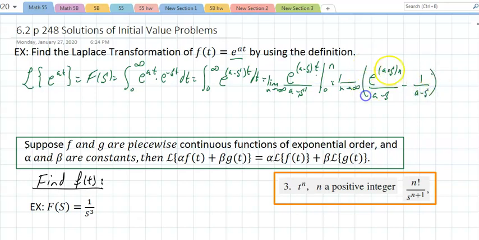Now, as long as this right here, a minus s, is negative, if the power is negative, it's going to push the exponential down. This will shoot to 0, meaning if s is greater than a. And what you're left with is 1 over, if I distribute the negative on the bottom, s minus a.